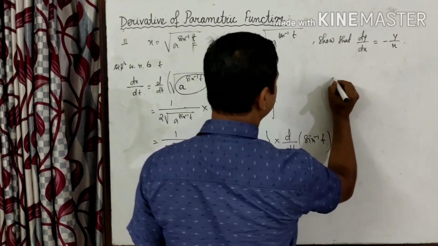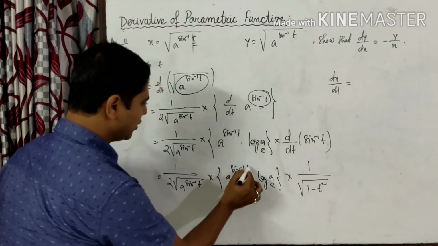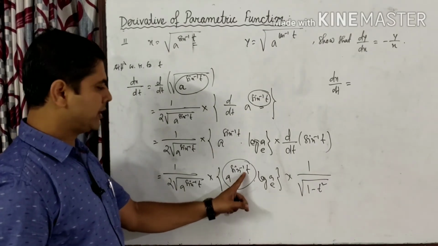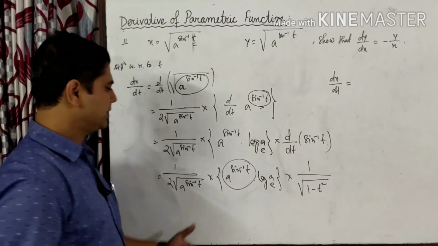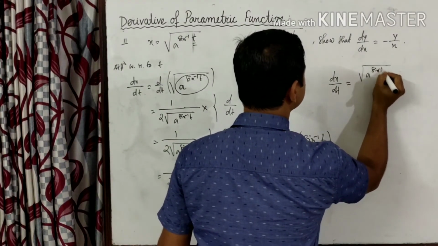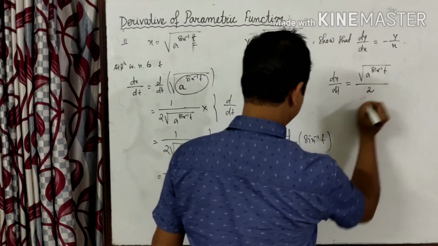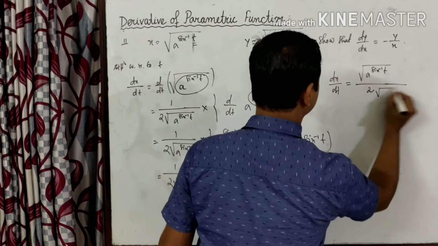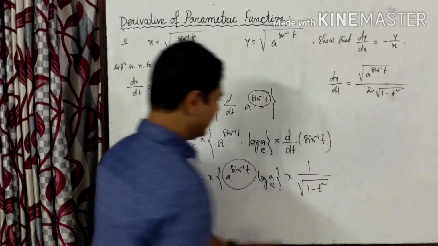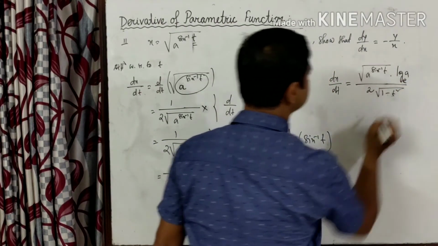From this, dx by dt is equal to root over a to the power sine inverse t. Ultimately, simplifying, it is root over a to the power sine inverse of t divided by 2 into root over 1 minus t square, and in the numerator log of a base e remains.